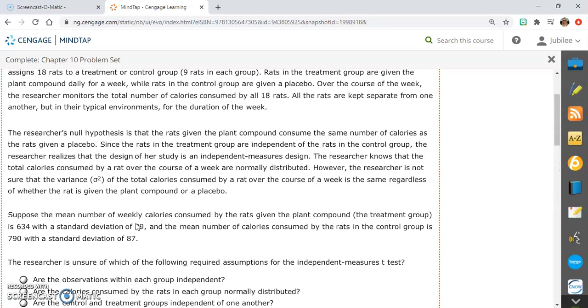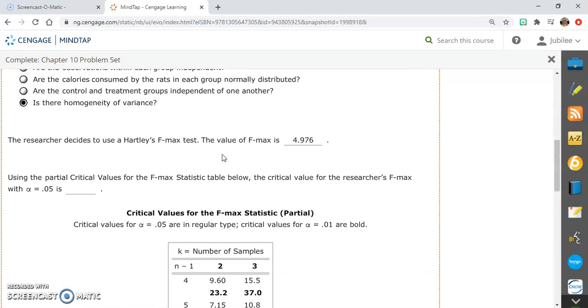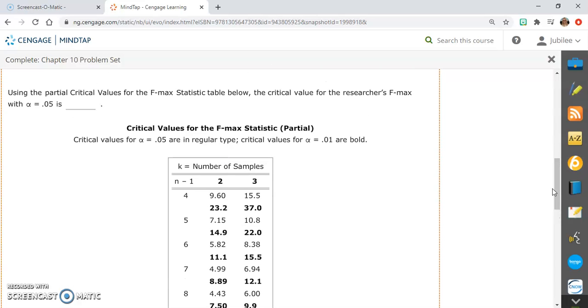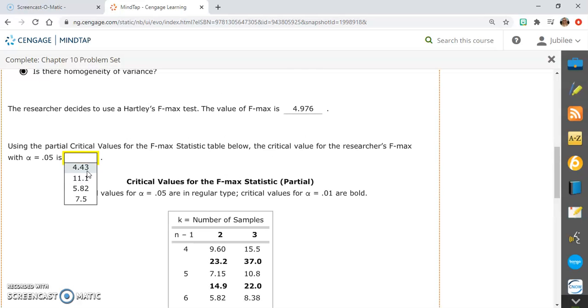Okay, so I had remembered 9 rats in each group. So my n minus 1 for each sample is 8. So I have an n minus 1 of 8, number of samples 2, and I'm looking for the regular font, 4.43. That is my critical value for the Fmax test.